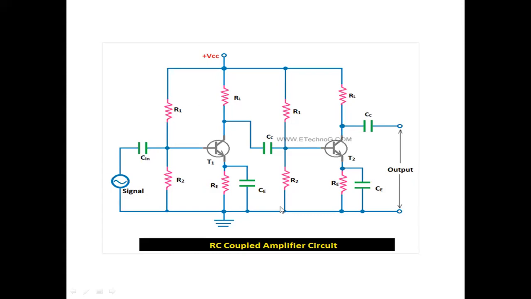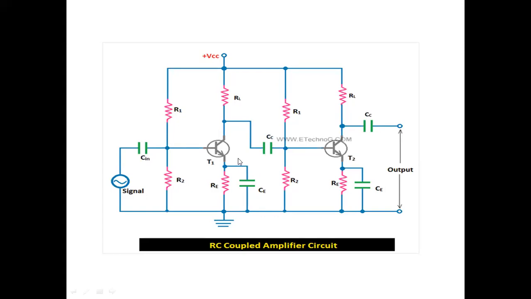As shown in the figure, the output of the first stage is coupled to the input of the next stage by using a capacitor as well as a load resistance.